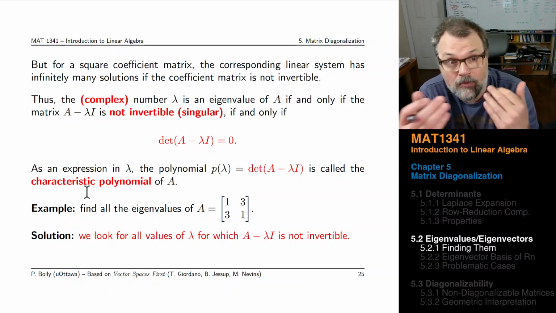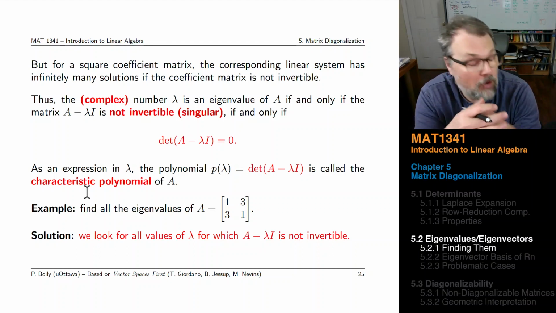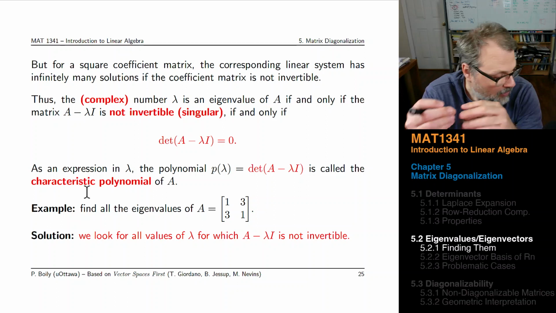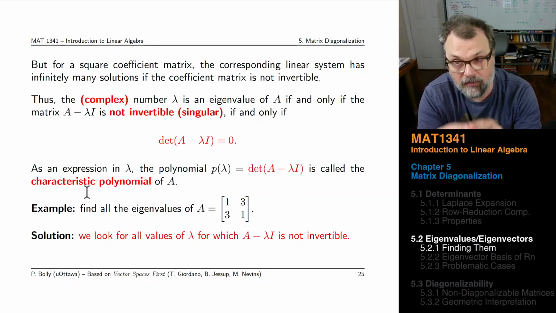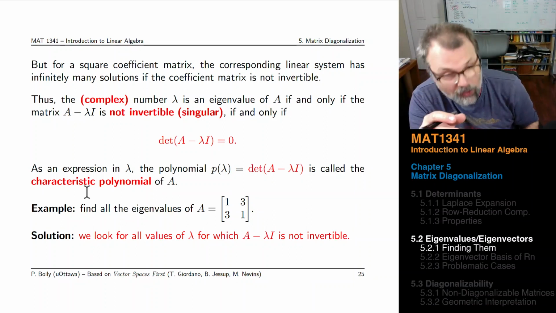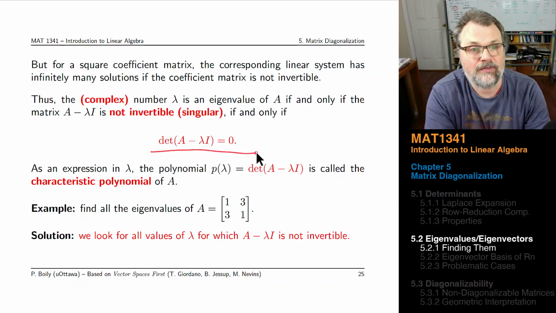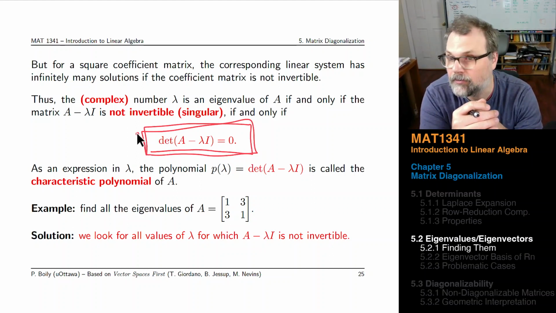And how do we know if a matrix is not invertible? Amongst other things, and there are tons of different properties here, a matrix is not invertible if the determinant of the matrix is equal to 0. So you are looking for values of lambda which will make it so that the determinant of A minus lambda I is equal to 0.